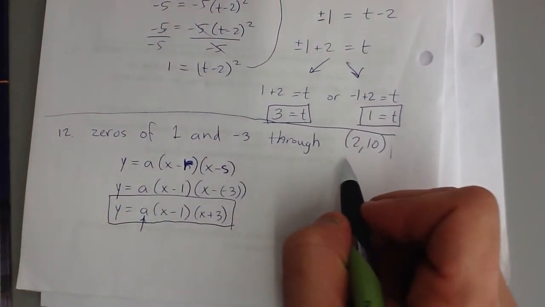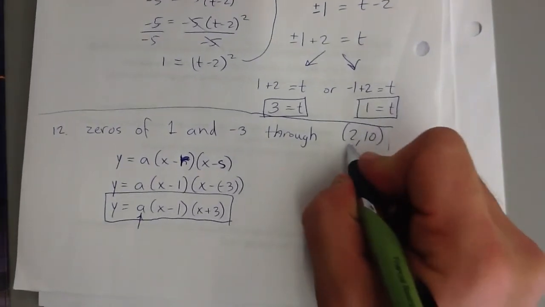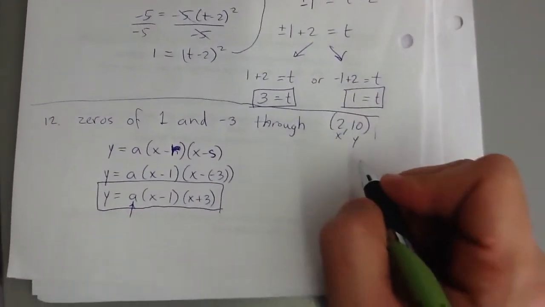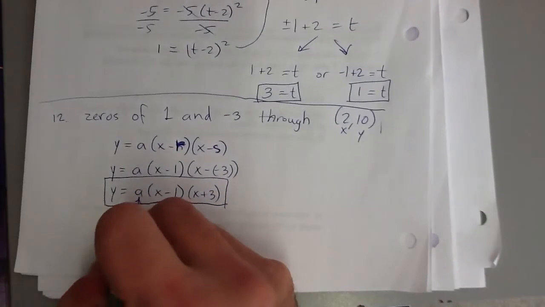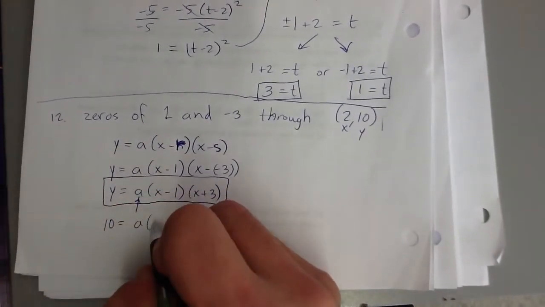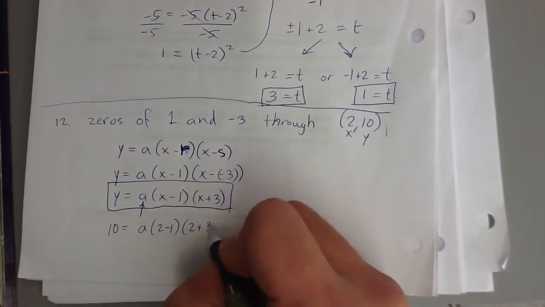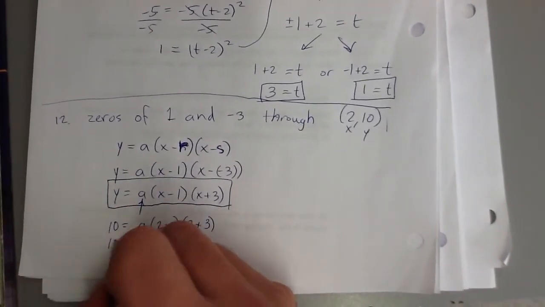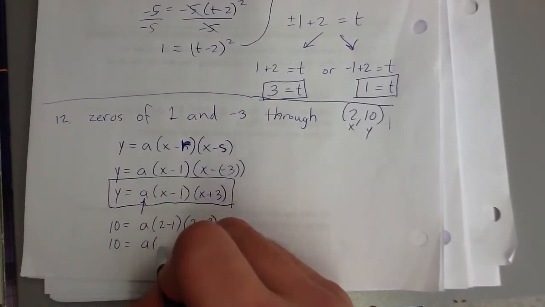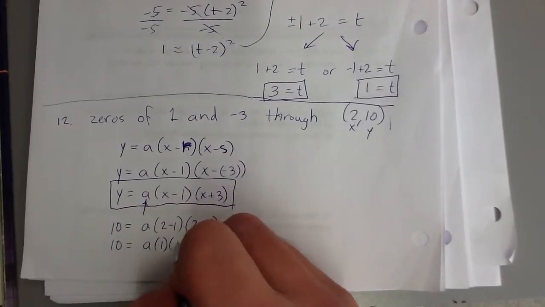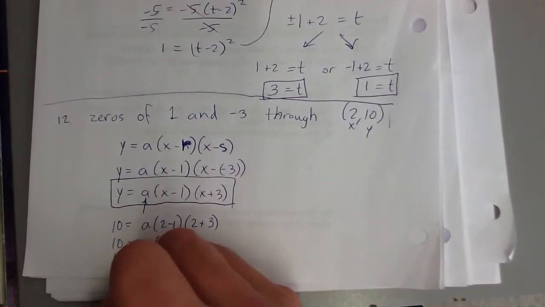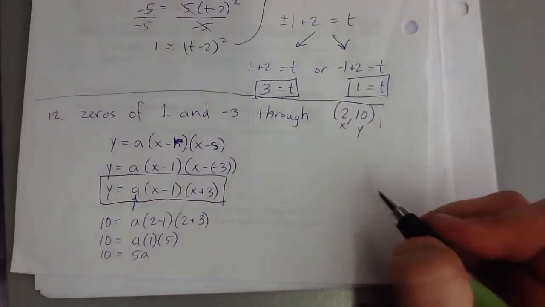Well, I need another point in order to figure out my a value. It tells me another point. It tells me when x is 2, y is 10. So I'm going to plug that in here, and this is 10 is equal to a, x is 2 minus 1, and x is 2 plus 3. So continuing this, 10 equals a, 2 minus 1 is 1, and 2 plus 3 is 5. So this is 10 is equal to 5a.